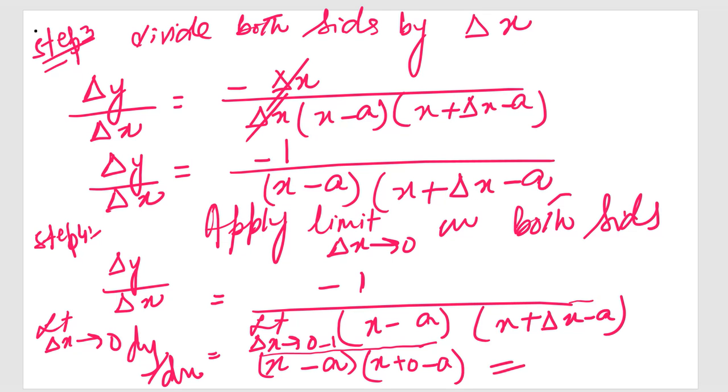So dy by dx is equal to minus 1, and it is x minus a, and this is also x minus a because delta x is 0. So x minus a two times, the powers will add and it will be x minus a square. So dy by dx, the derivative of our function, is minus 1 divided by x minus a whole square. Again, these are multiplying each other, that is why you have to add the power.